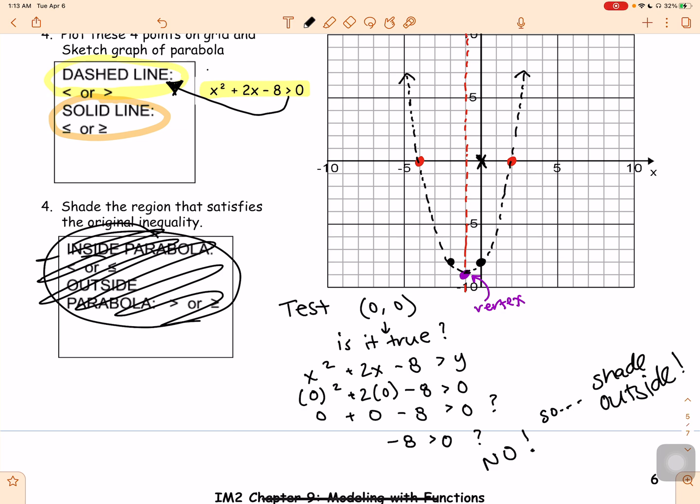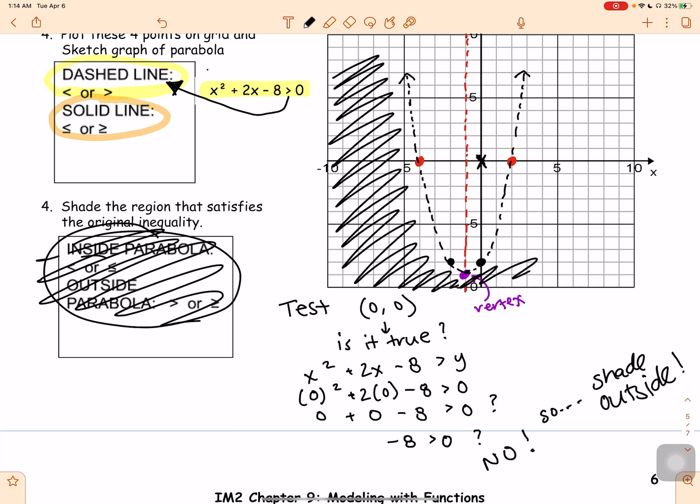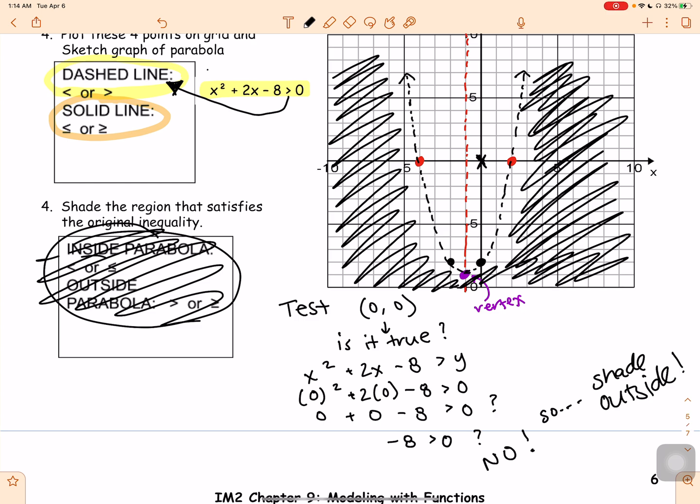Because you see here the 0, 0 is inside of this parabola, but since it was not true, we need to shade only the outside of the parabola. These are all the possible solutions that would work in that inequality. The inequality x squared plus 2x minus 8 is greater than 0.